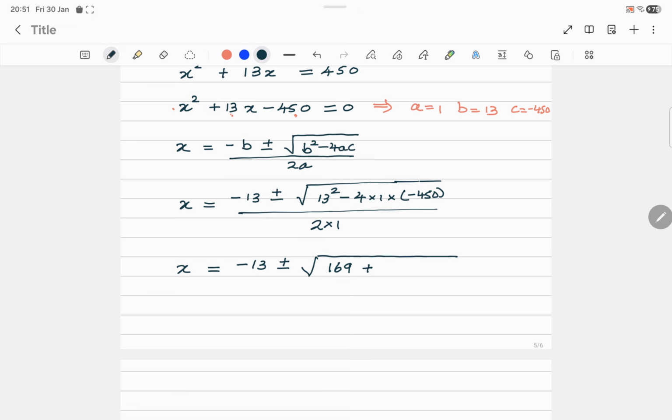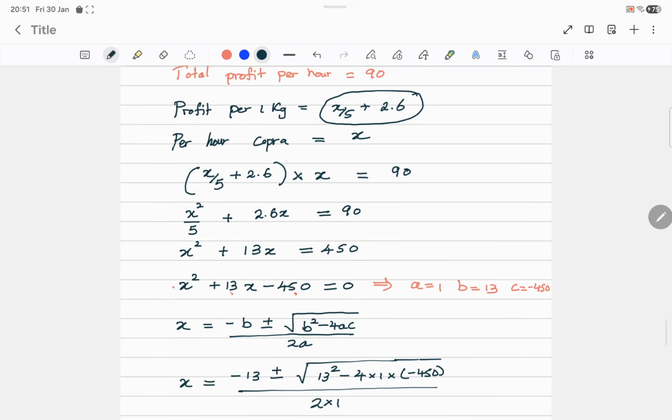So minus minus cancel, you get 169 plus 1800, over 2. So x is minus 13 plus or minus the square root of 1969 over 2.